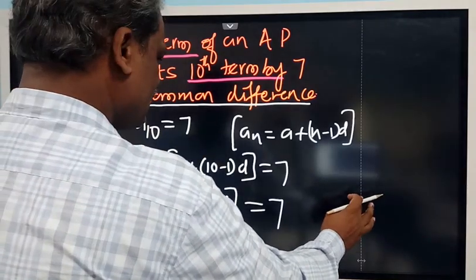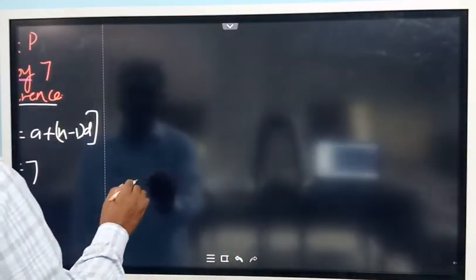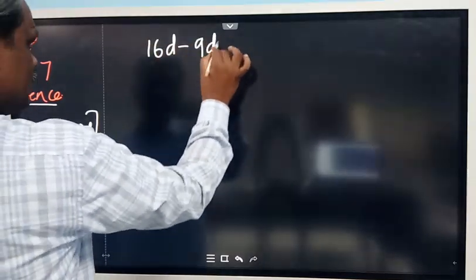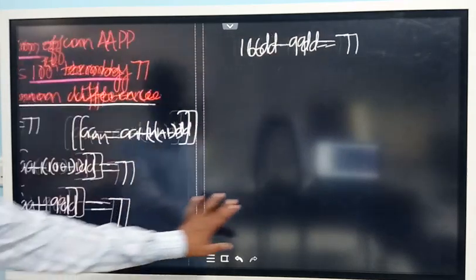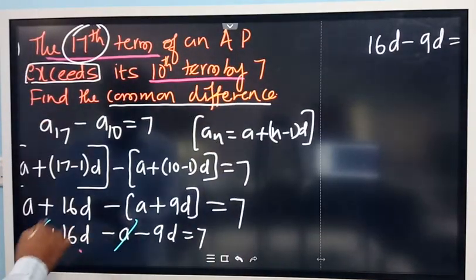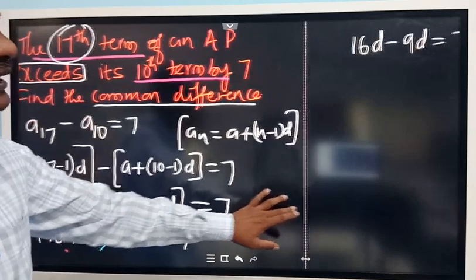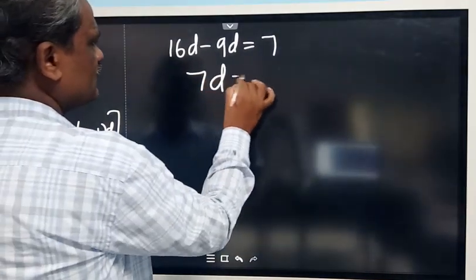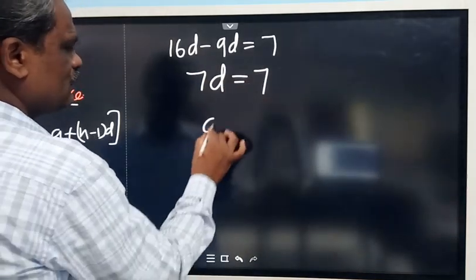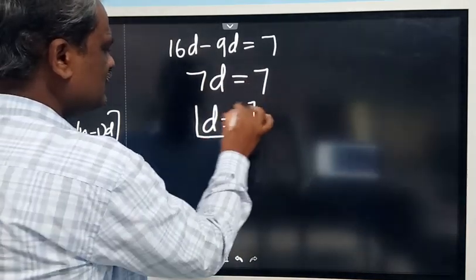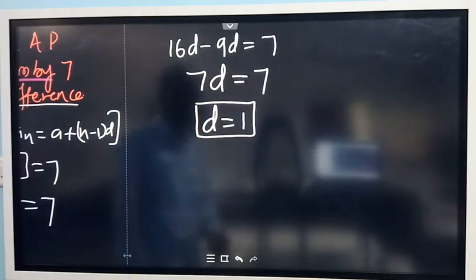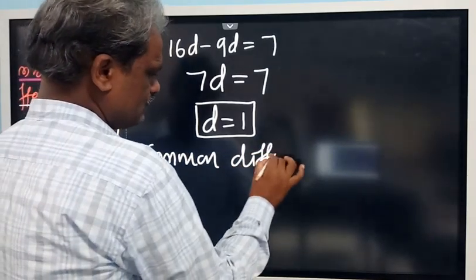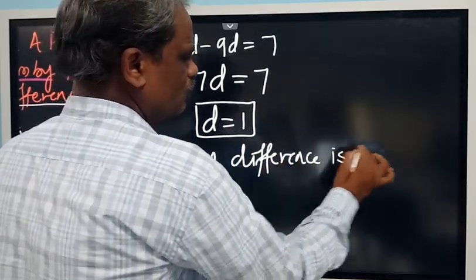So what is left here now? 16d minus 9d is equal to 7. So 16 minus 9 is 7. 7d is equal to 7. So d is equal to 1. So they asked us to find out the common difference. So the common difference is 1. You can write the solution: common difference is 1.